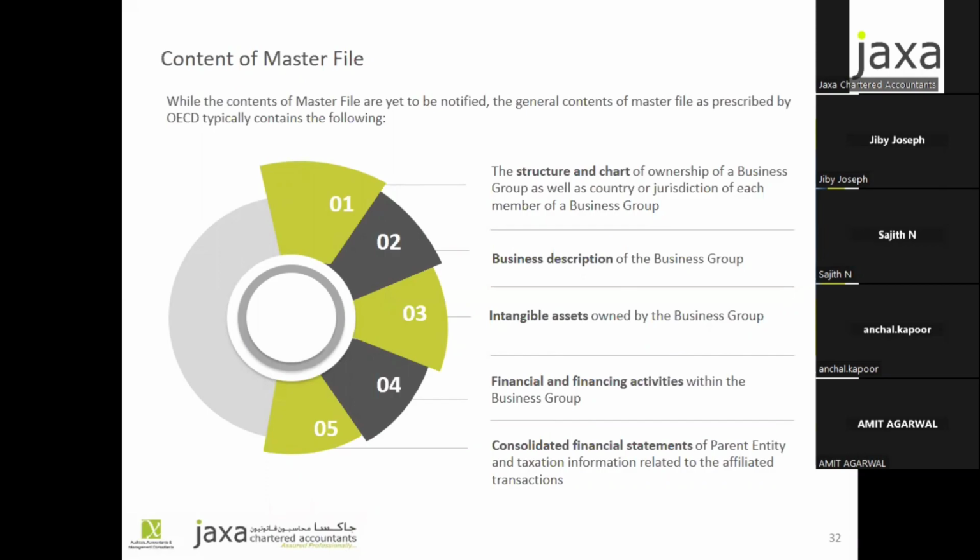The master file requirement is linked to a certain threshold which the Dubai Financial Authority will prescribe. I will not go into details with the master file because this is something which may not be applicable to all taxpayers. Specific questions are welcome, and we shall answer this at the end of the webinar by way of email. Now, move ahead, please.